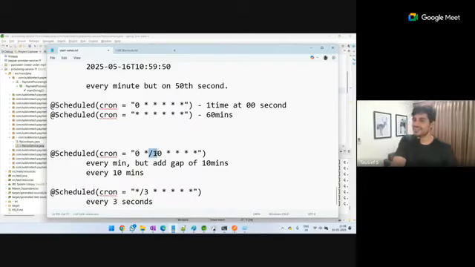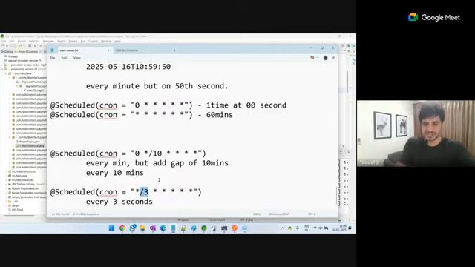Here it is saying every 10 seconds the method should be executed. So guys, if you want to put a gap between 2 intervals, even though star means it will run every second, you can say don't run every second, do it every 3 seconds, every 5 seconds. You can specify that with this syntax of slash and then defining your time interval.